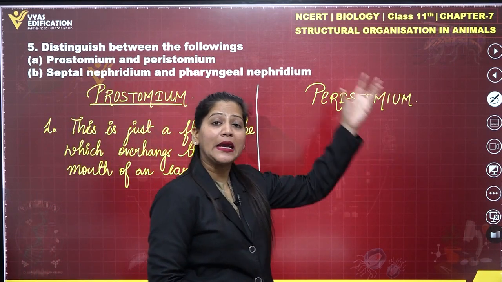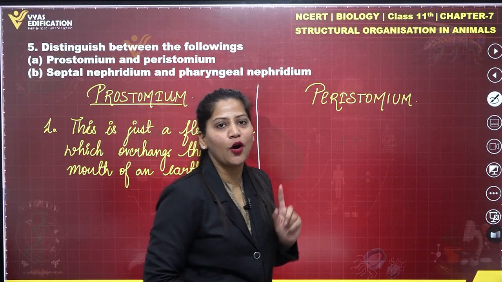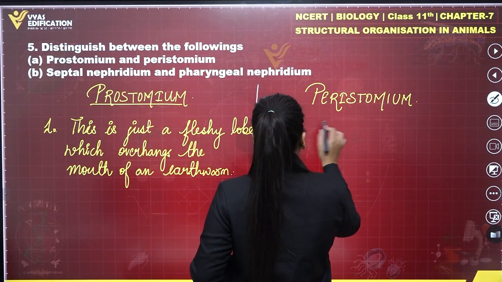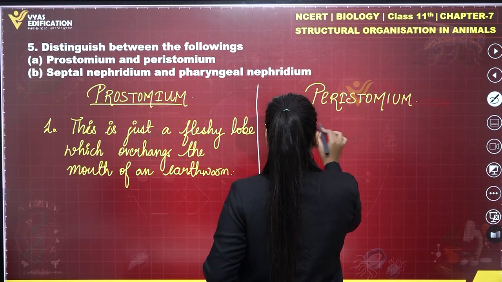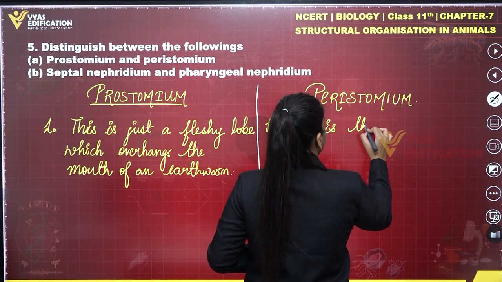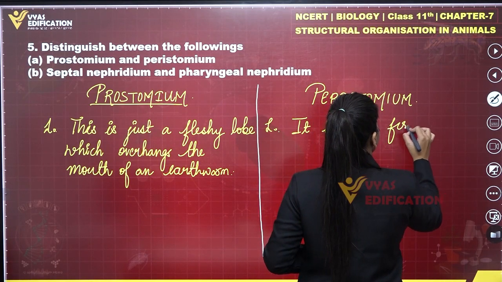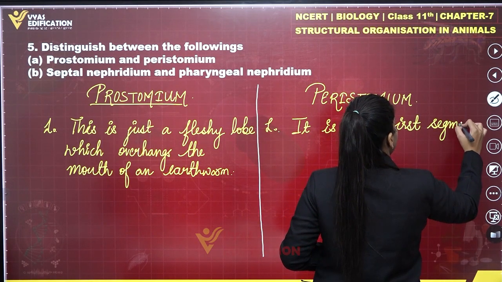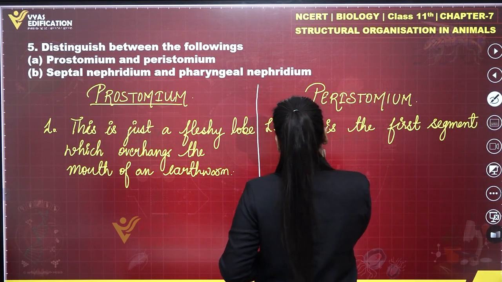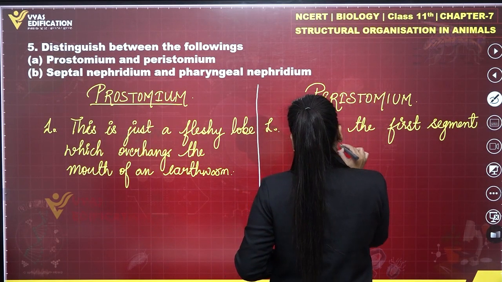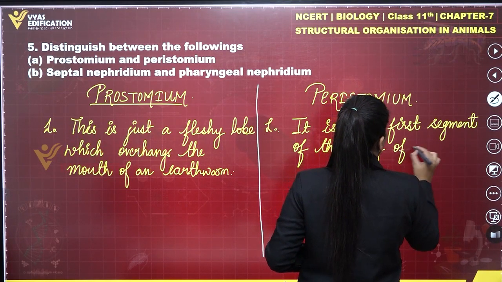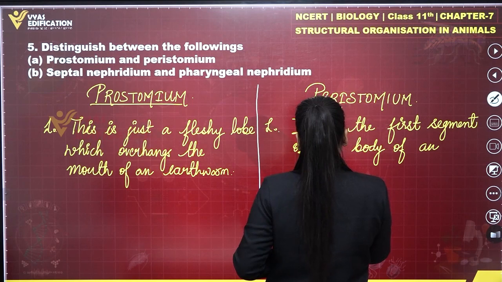Now the next one, peristomium. What is peristomium? It is the first segment of the body of the earthworm. So the first point for peristomium: it is the first segment of the body of an earthworm.